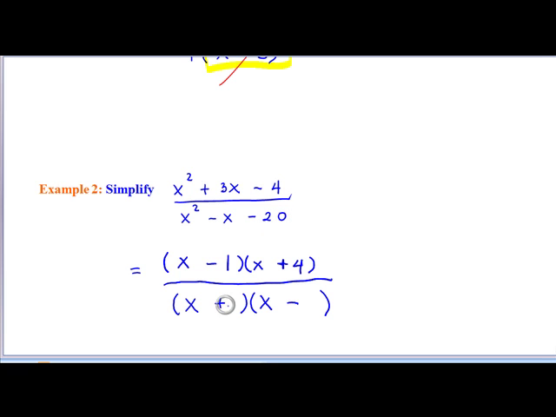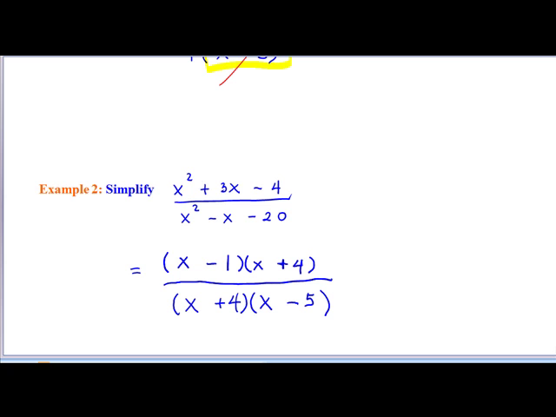We're looking for two numbers that multiply to minus 20, and add to equal minus 1. So we'll have 4 and minus 5, because minus 5 times 4 is minus 20, and 4 plus minus 5 is minus 1. When we're done with this, that is step 1.